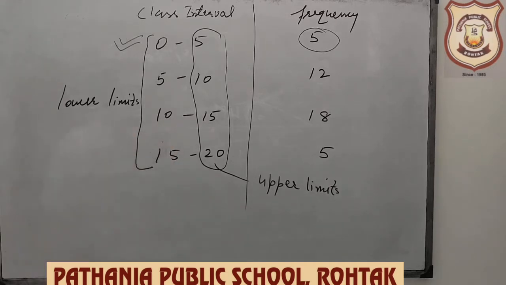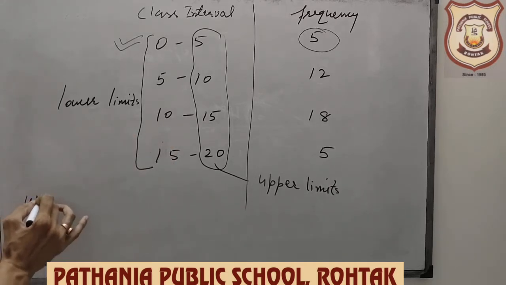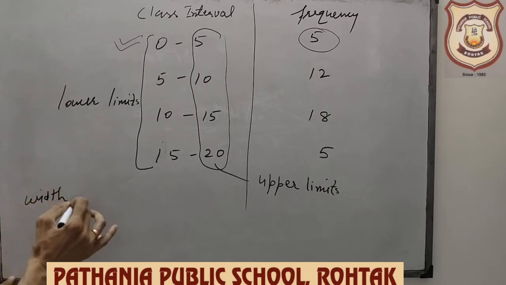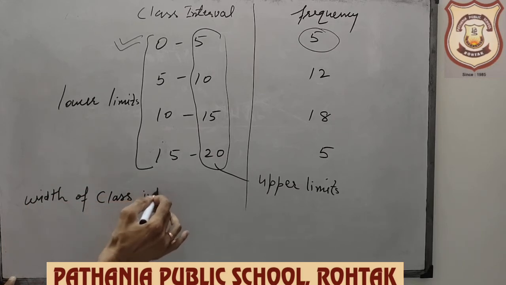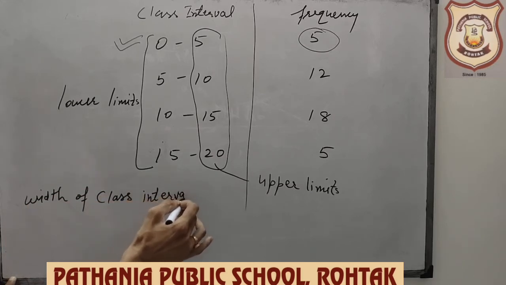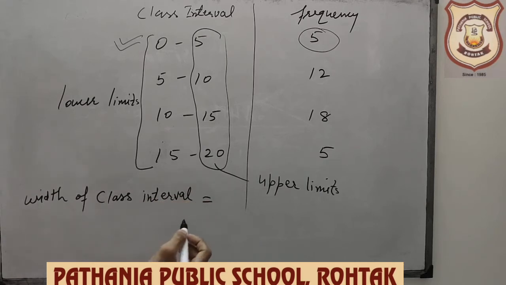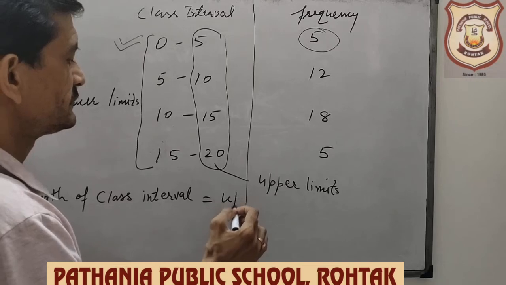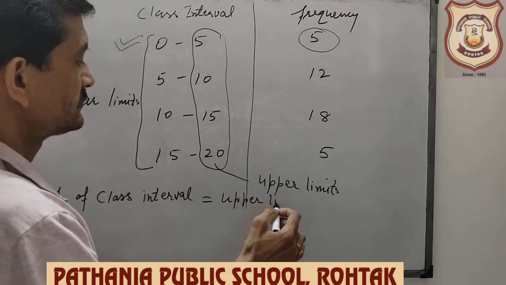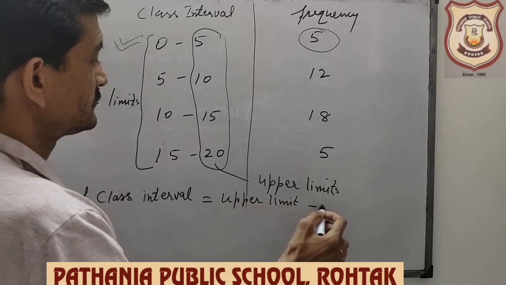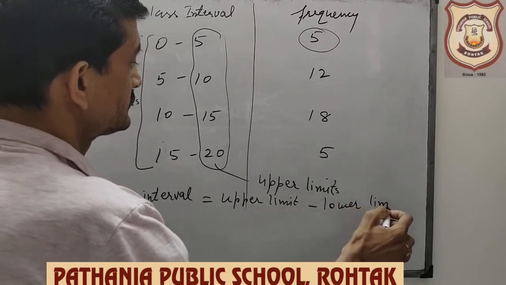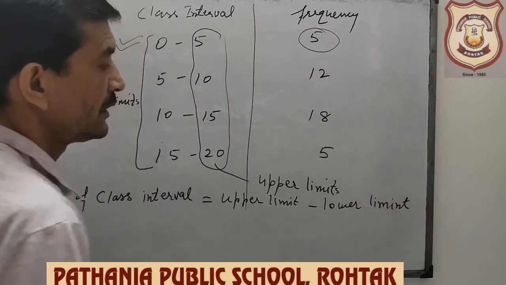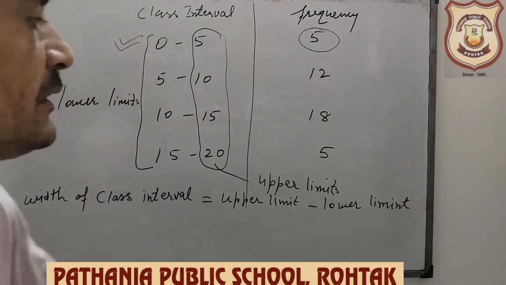It is upper limit minus lower limit. This is the width of the class interval.